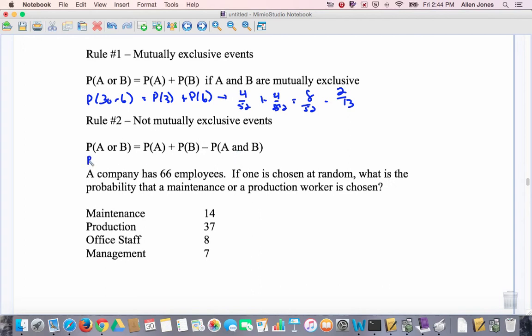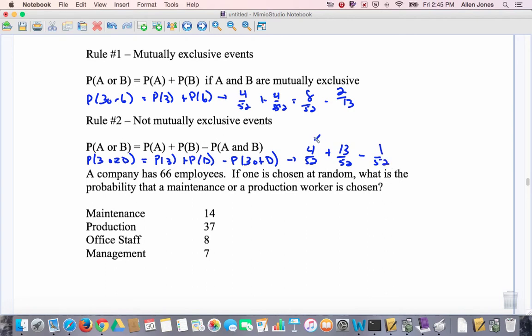So let's go back to our probability of a 3 or a diamond. The probability of a 3 plus the probability of a diamond minus the probability, in this case, of the 3 of diamonds. There are 4 3s in a deck of cards. There are 13 diamonds, but there is one card that is the 3 of diamonds.